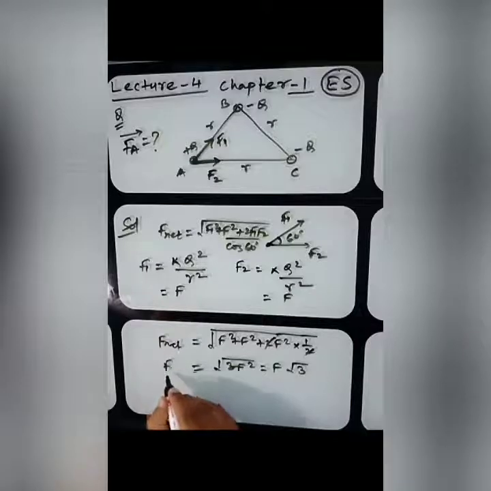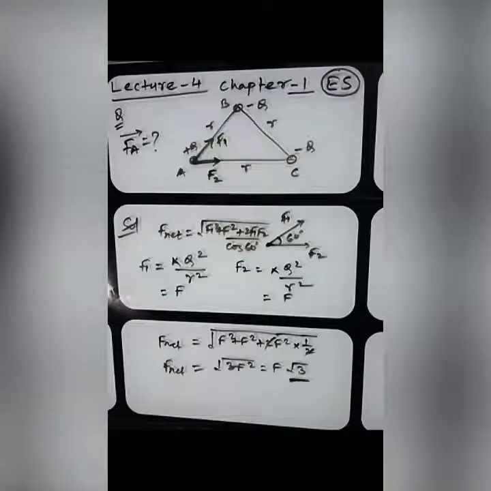If you remember, two equal forces inclined at 60 degree give root 3 times the magnitude of either force. Again you got the same result in Newton. Okay, by yourself you can solve this question as classwork.